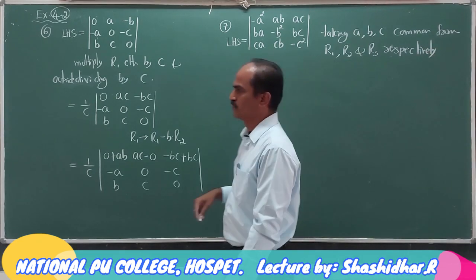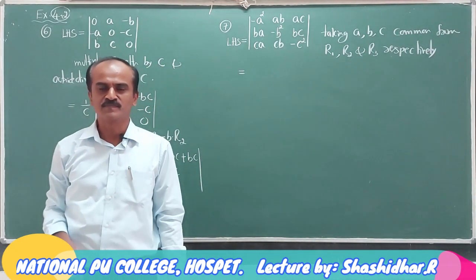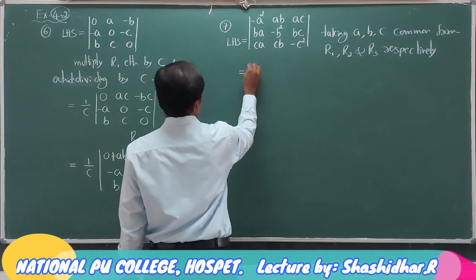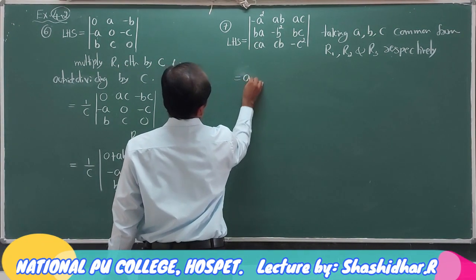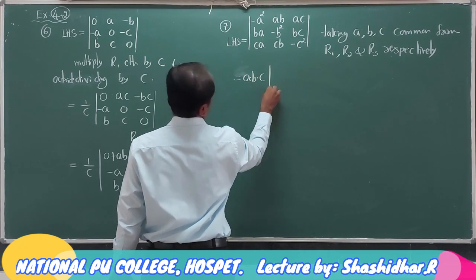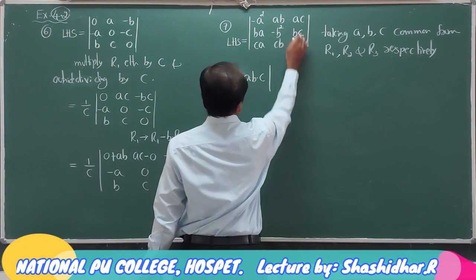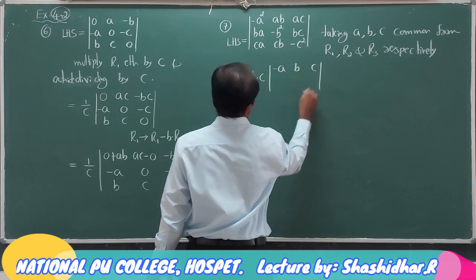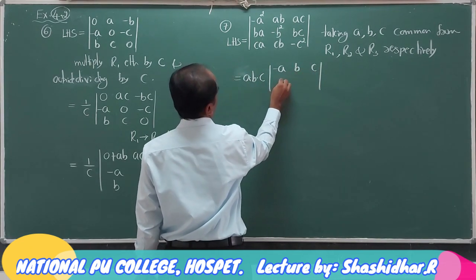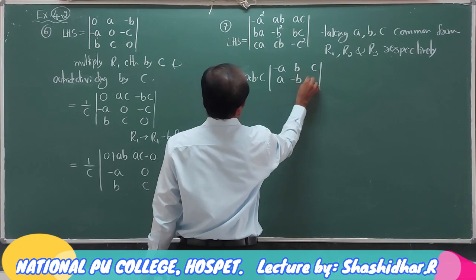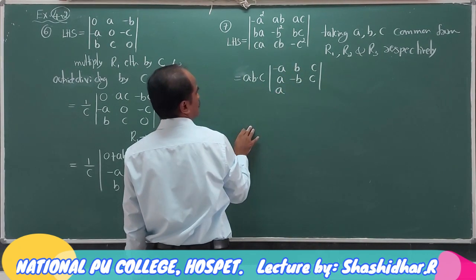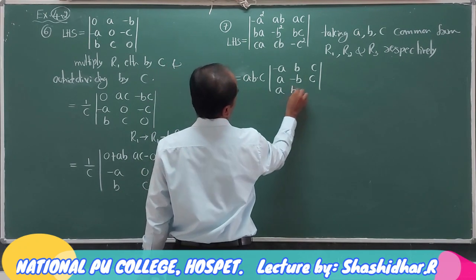From the first row we are taking A common, from the second row B, from the third row C. After that, what is left here? It is A into B into C into determinant. On taking A common here, I am left with minus A, B, C. Second row we have taken B common. It is A, minus B, C. Third row I have taken C common, so left with A, B, minus C.